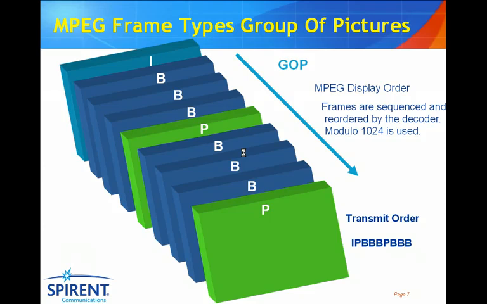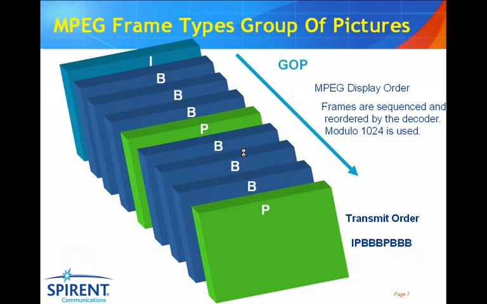A P frame only contains the information which is different from the point in time where the I frame was originally taken. So a P frame may only contain approximately 40 or 50% of the information that the I frame originally contained. The B frames are basically predictions of how objects have moved across the scene.